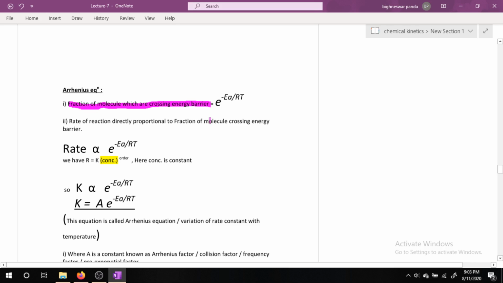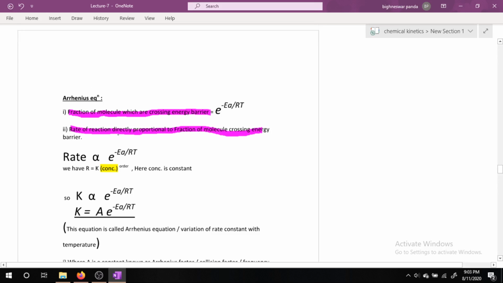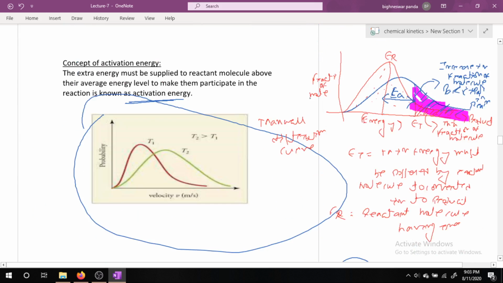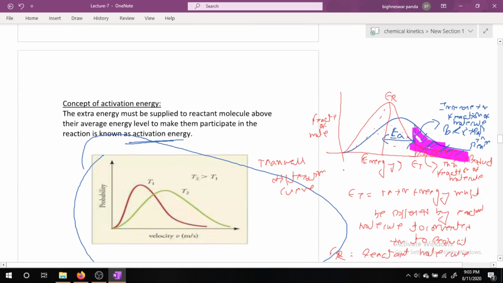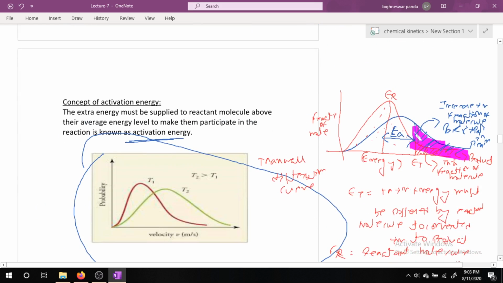And the rate of reaction is directly proportional to the fraction of molecules crossing the energy barrier.